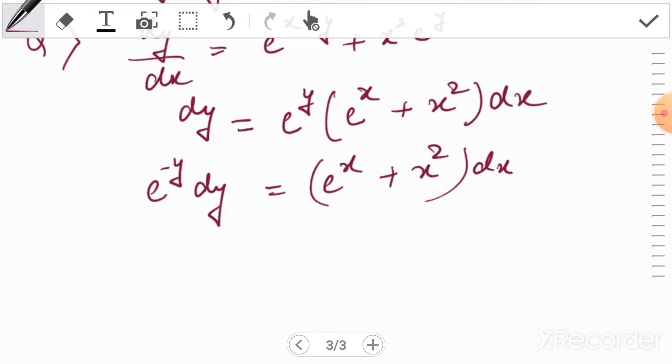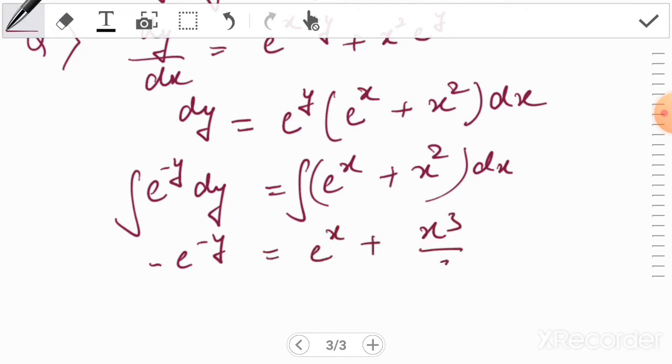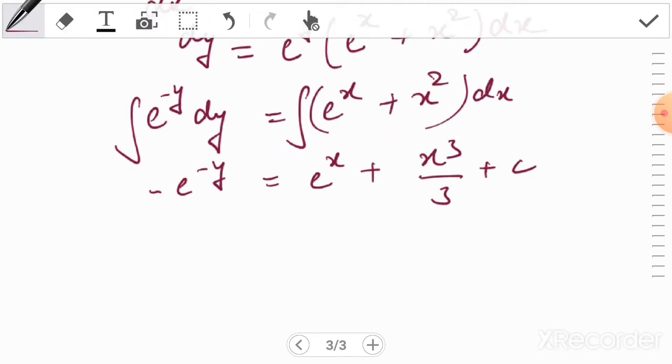Now integrating both sides, we have minus e raised to the power minus y is equal to e raised to the power x plus x cubed by 3 plus constant.